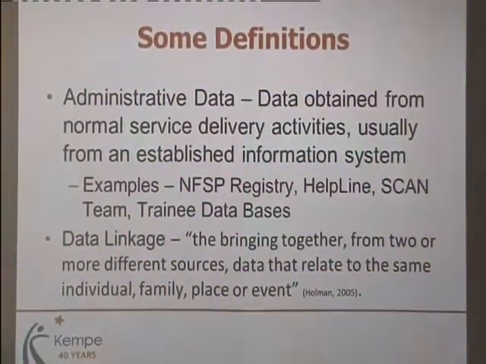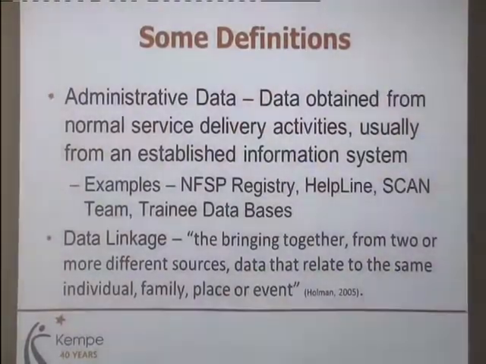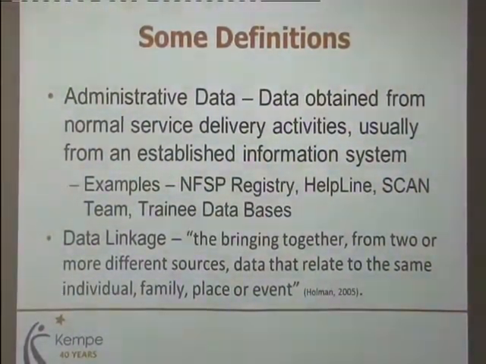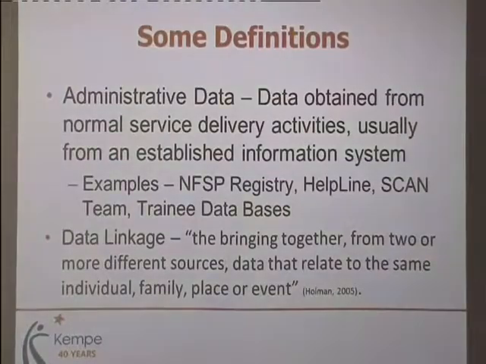So there are two terms, administrative data and data linkage. Administrative data are the basic data that are derived from information systems that we use in our day-to-day work. And I've given some examples of some data sets that are used here.